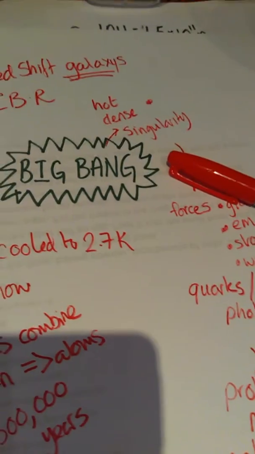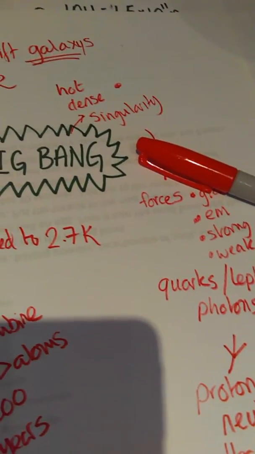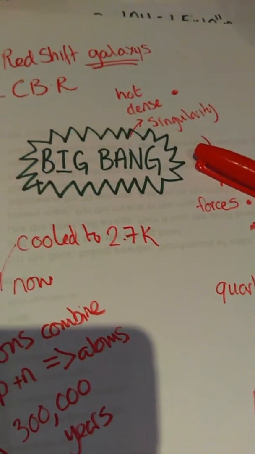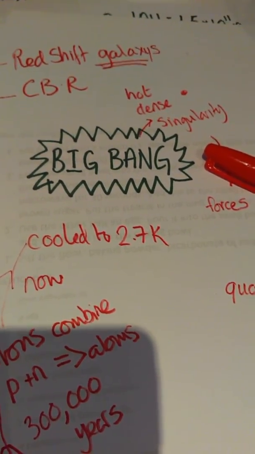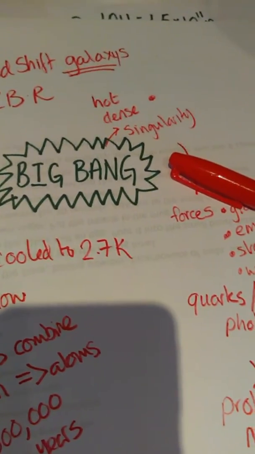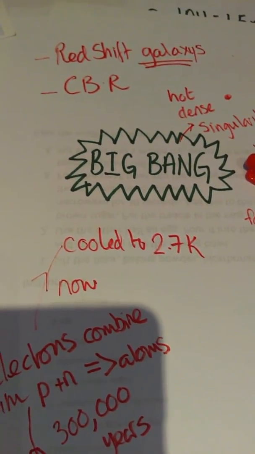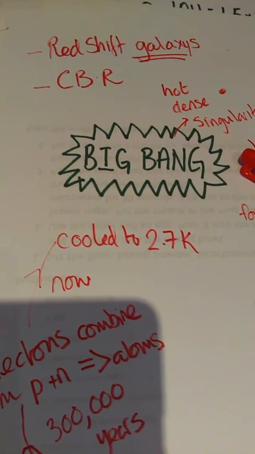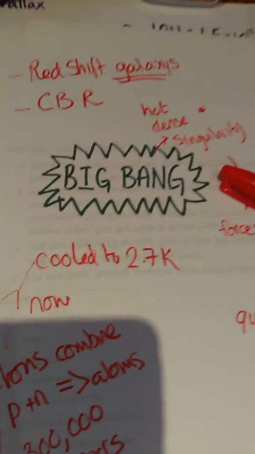Originally it had higher energy, now it's been shifted down to microwave, which is a low energy electromagnetic wave. It's evidence that the universe began with the Big Bang. The temperature we're at, 2.7 Kelvin, is what would be predicted by the Big Bang model. Okay, so that's all the stuff that you need to know for the Big Bang.